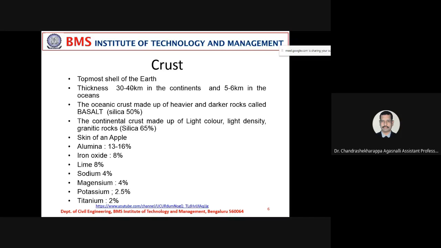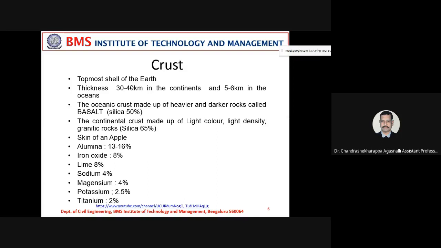Alumina is 13 to 16%, and iron oxide is 8%. Again, lime is 8%, sodium is 4%, magnesium is 4%, potassium is 2.5%, and titanium is 2%. These are all about how we are guessing.